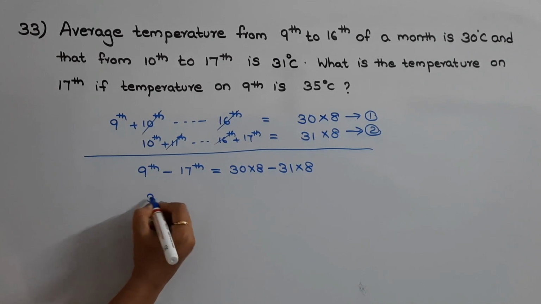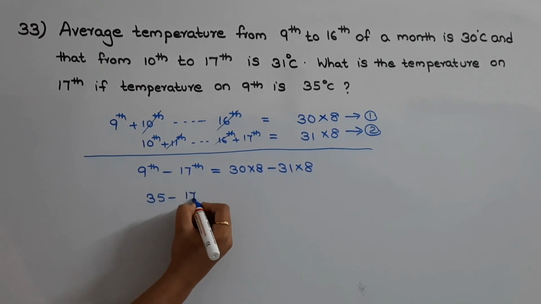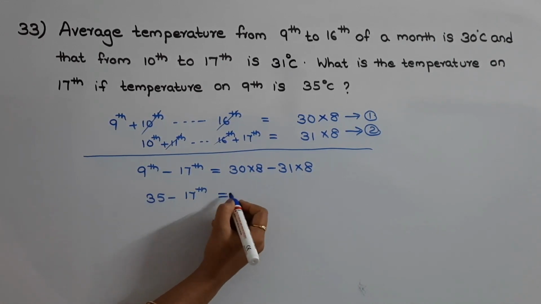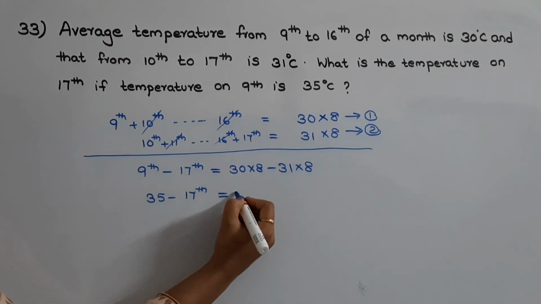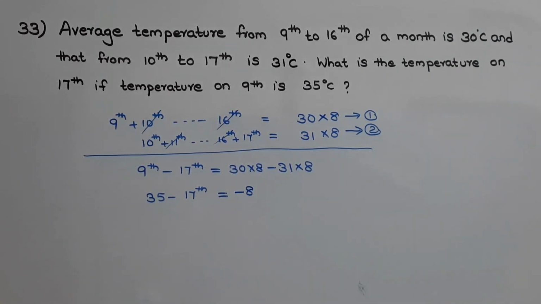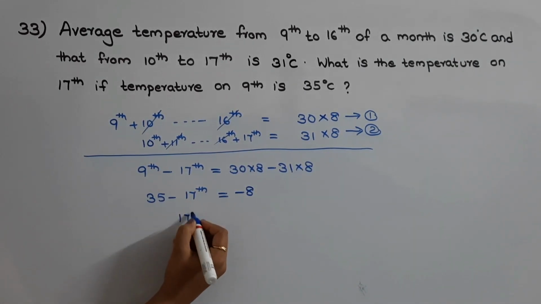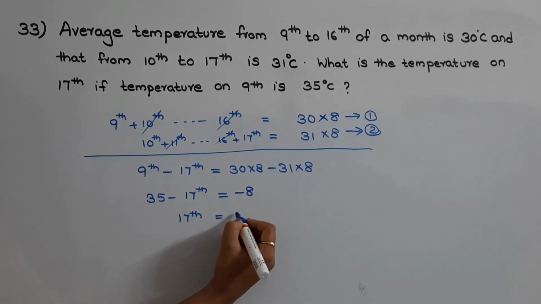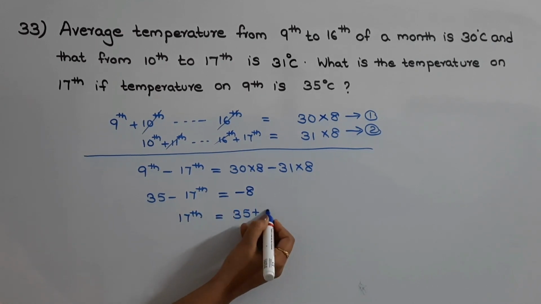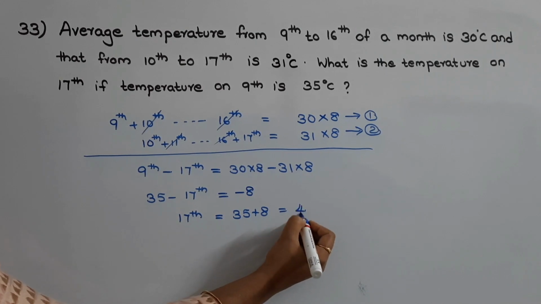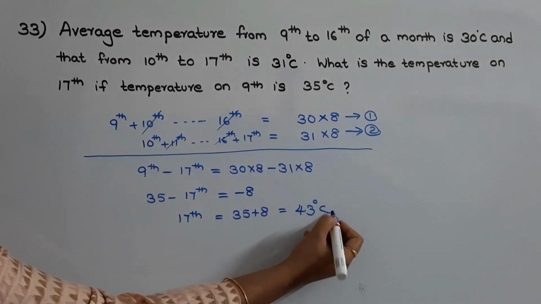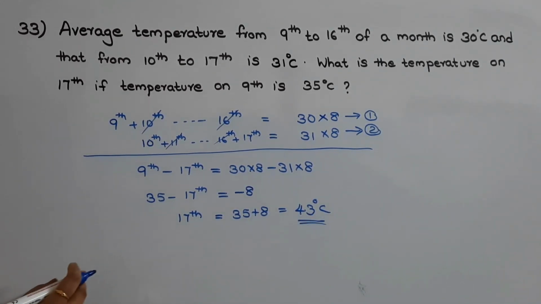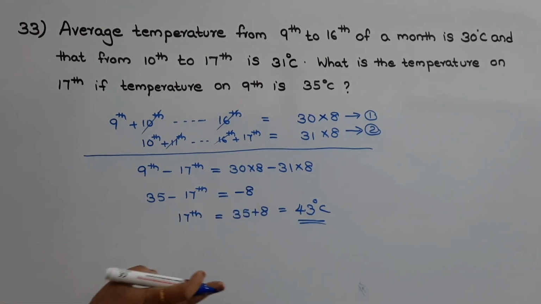So 35 minus 17th day's temperature is equal to, on solving this you will get it as minus 8. So from this, 17th day's temperature will be equal to 35 plus 8, that is equal to 43 degrees Celsius. Okay. So the temperature on 17th day is 43. So this is the answer.